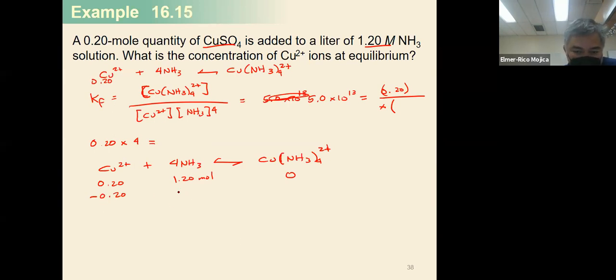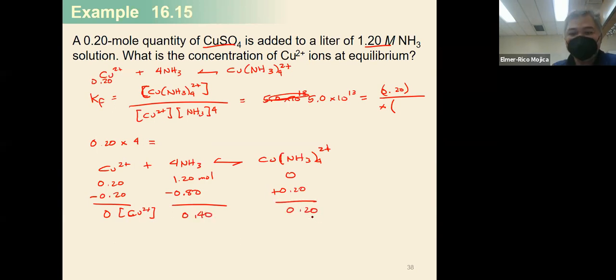So that will be 0.80, right? And you're going to produce 0.20. So at the end, you might say this is 0, but that's the one that we're going to determine. And this one is 1.20 minus 0.80, that will give you 0.40. And this is 0.20. That's how you end up with that value.